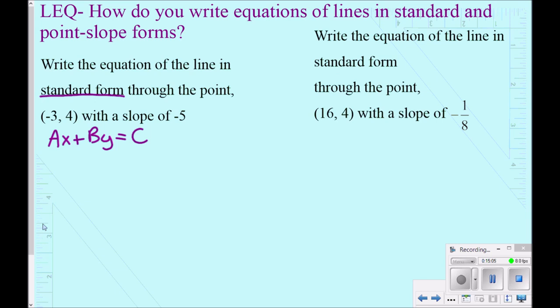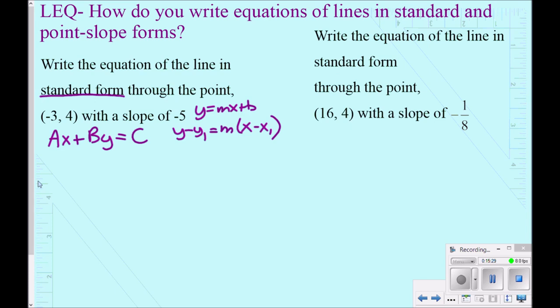So I can't start with standard form and just start substituting in. I wouldn't get anywhere. I need to either start with slope-intercept form or point-slope form. Now, it didn't specify which I started with, so you can pick because it doesn't specify. But my final answer needs to be put into standard form.